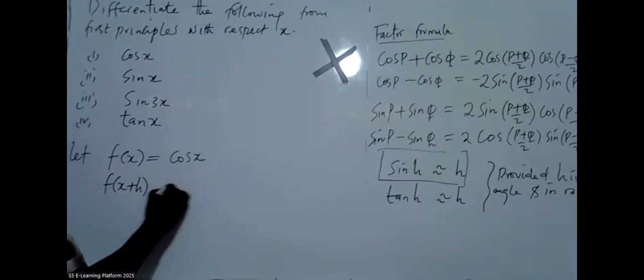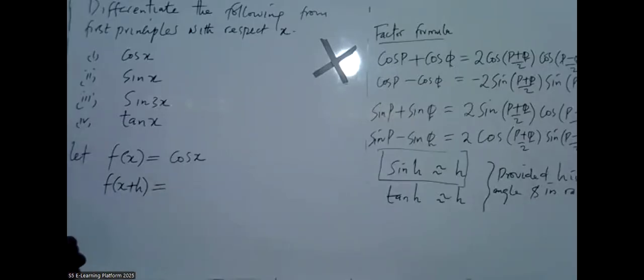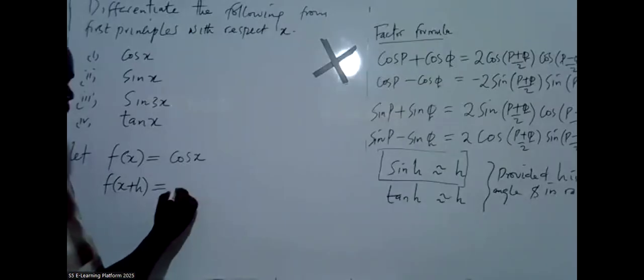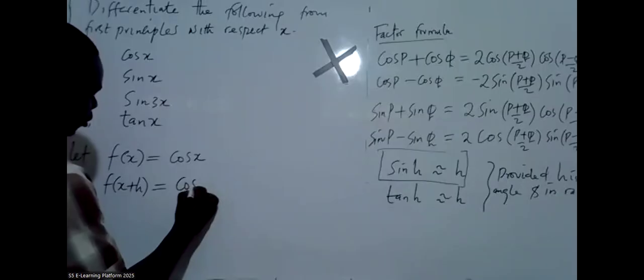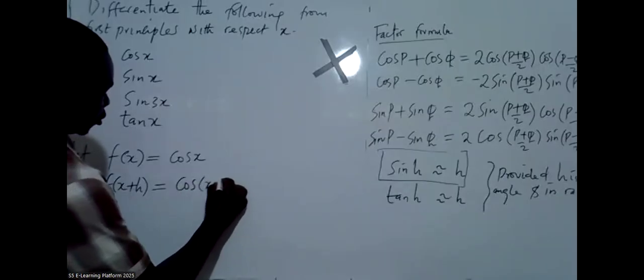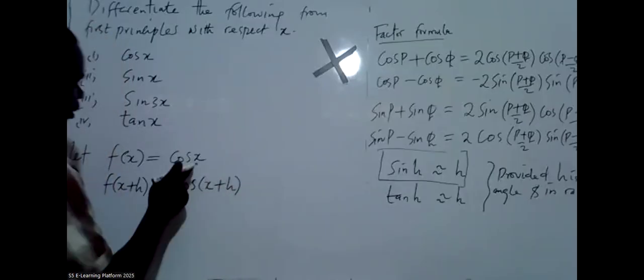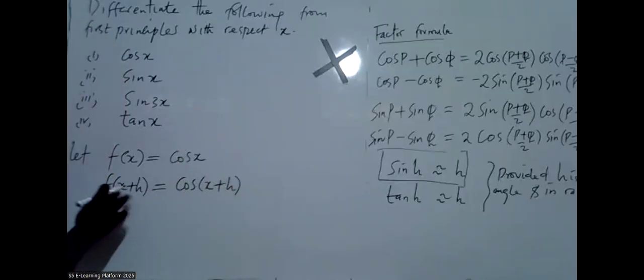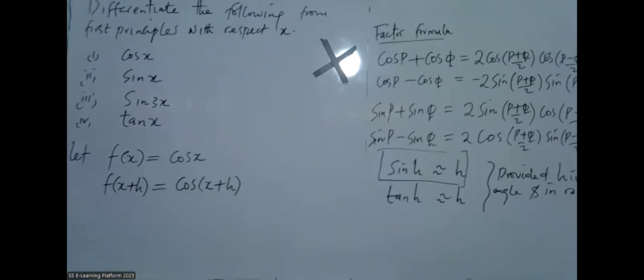In this case, h is a small angle, x is also an angle, and they are all measured in radians. And h being a small angle, we shall see the approximations we shall use. Where we have x, in this one simply put x plus h. Then from there, we go and utilize our formula.